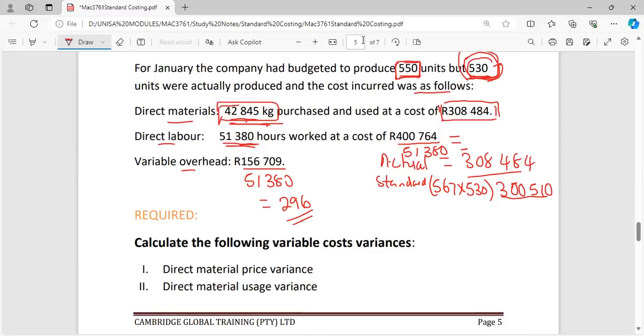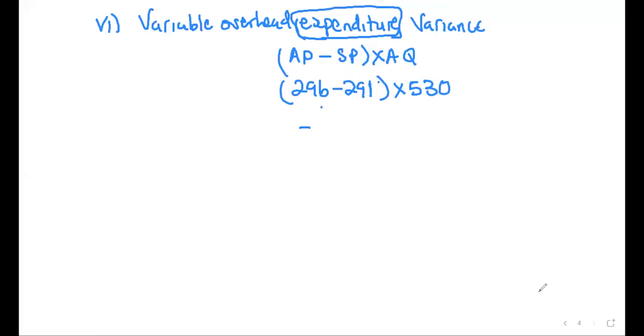If you look at this 296 and this 291, these are per unit, which means each unit of this 530 is costing 296 in actual and 291 in budget. That's basically how you figure that out.